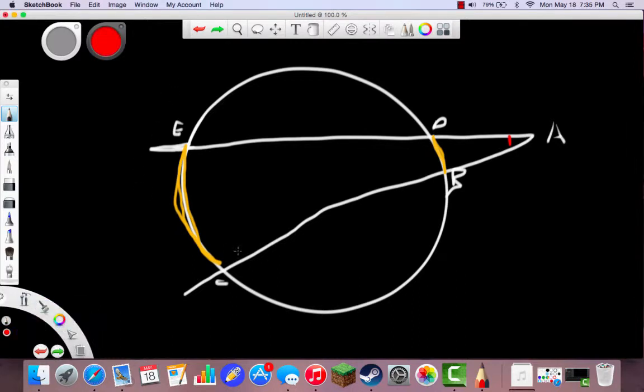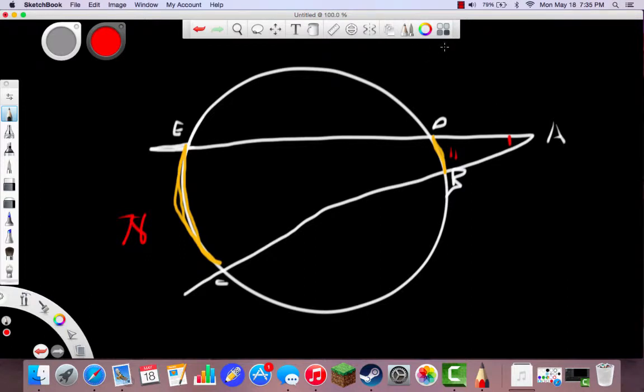Let's say that EC was 78 degrees, and DB was 11. Okay? Let's just say that. What would this angle measure be?